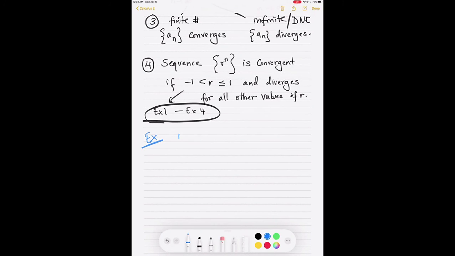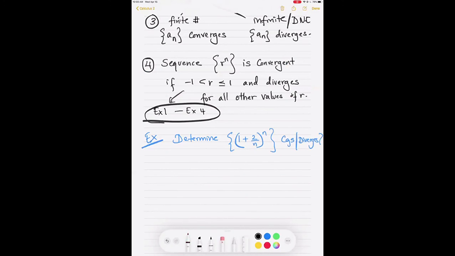So I want to determine whether this sequence converges. I'm just going to take an example from the book, and determine whether this converges or diverges.